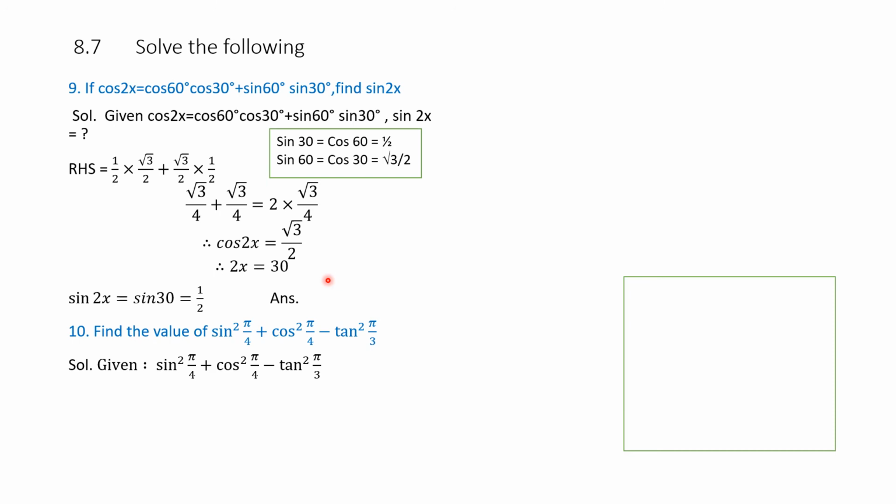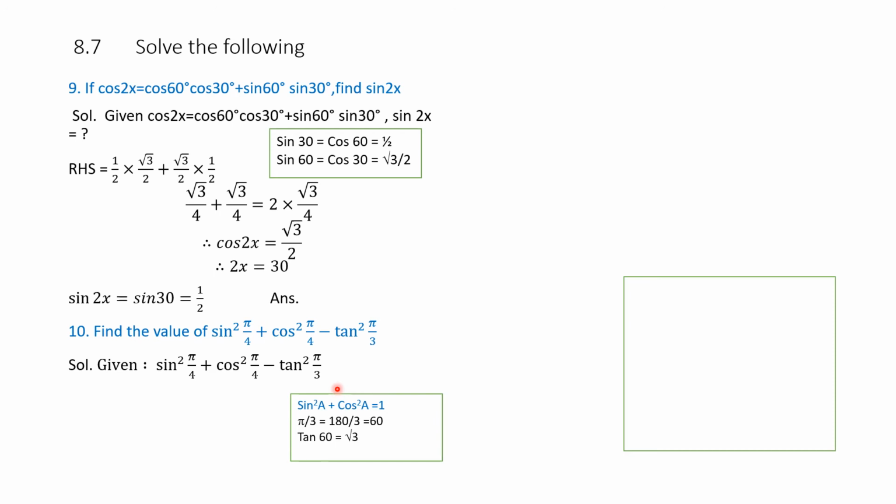Problem number 10. Find the value of sin squared pi by 4 plus cos squared pi by 4 minus tan squared pi by 3. Given sin squared pi by 4 plus cos squared pi by 4 minus tan squared pi by 3, we have to find the value.